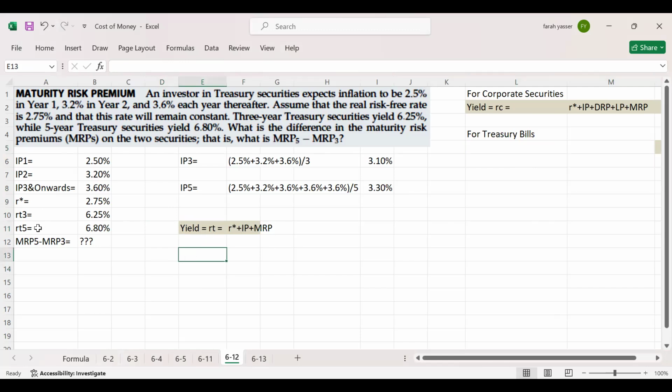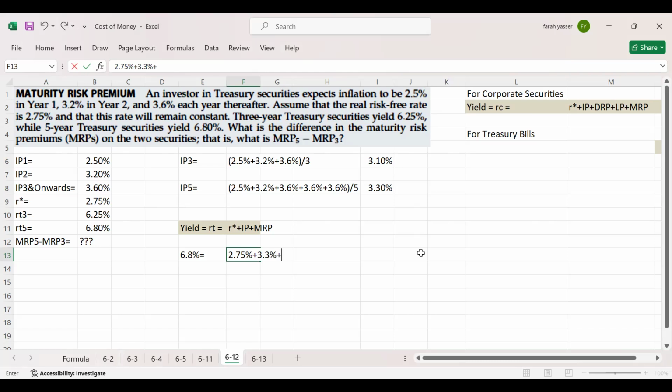RT 5 is 6.8%, which is the yield. On the other side, we have R star, which is 2.75%, given, plus average inflation. We have just calculated the 5 years average inflation, which is 3.3%.